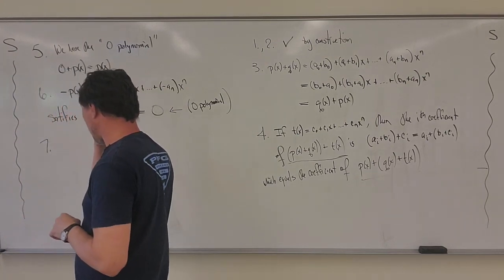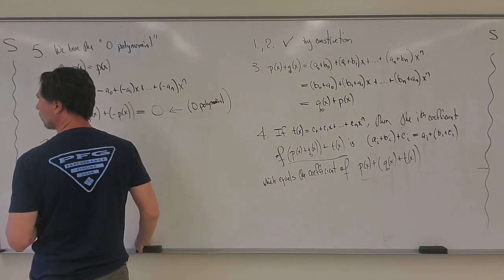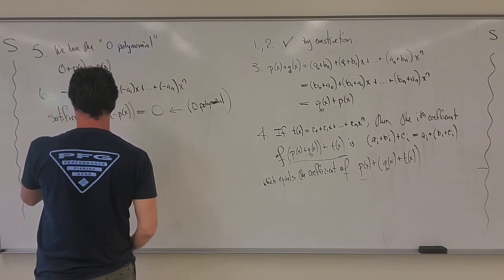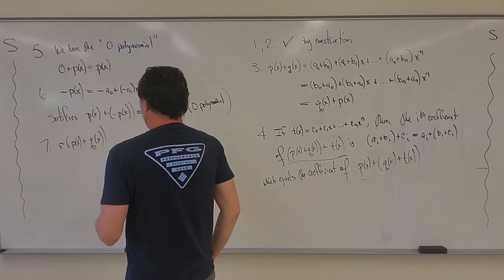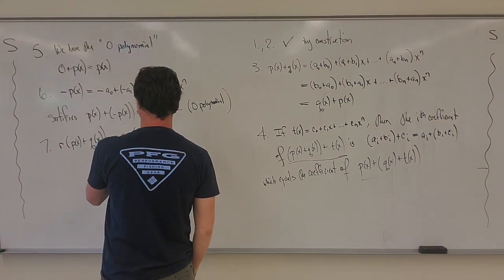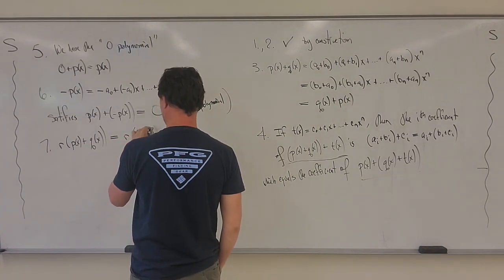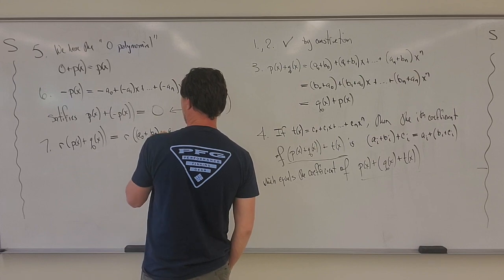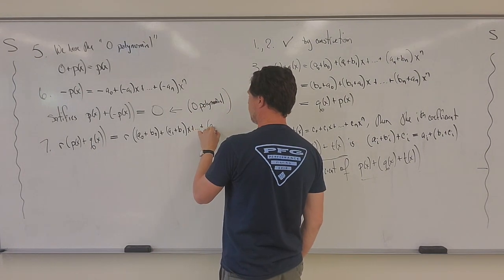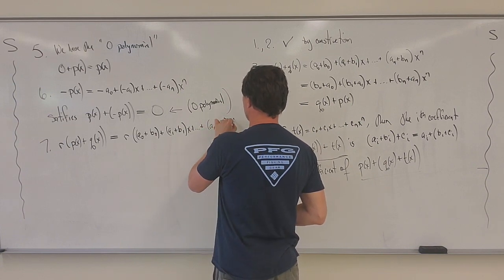Then we've got a couple of distributive properties. So let's see, if I do r times (p of x plus q of x), that's going to be r times ((a0 plus b0) plus (a1 plus b1) times x plus dot dot dot plus (an plus bn) x to the n).